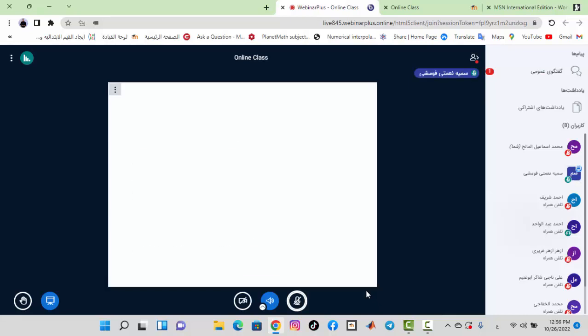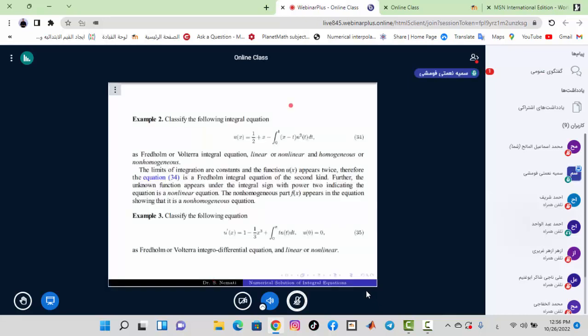Okay, let's go to the next example. Is it Volterra or Fredholm? Fredholm, exactly, because both upper and lower bounds are constants. Is it linear or non-linear? Non-linear, exactly, because we have power 2 of the unknown function here, and it makes it non-linear.